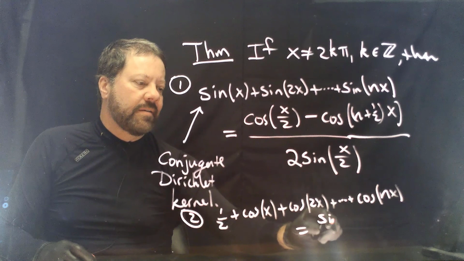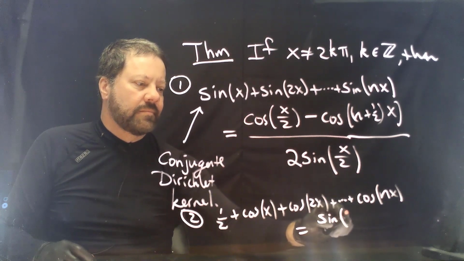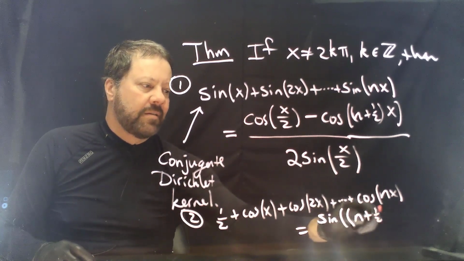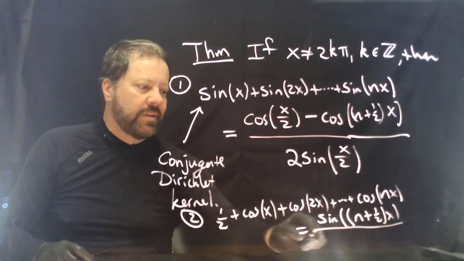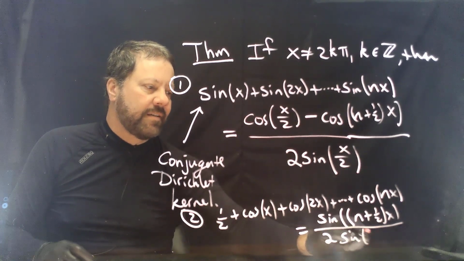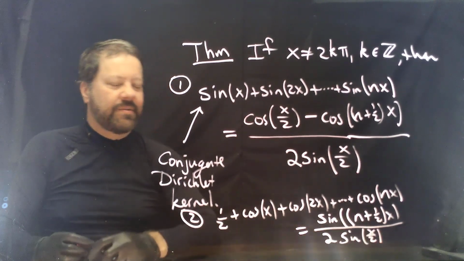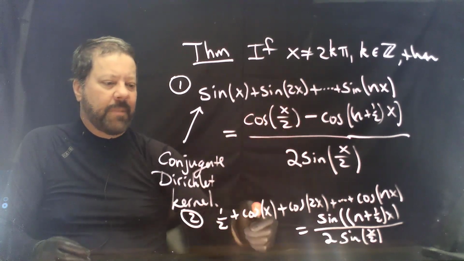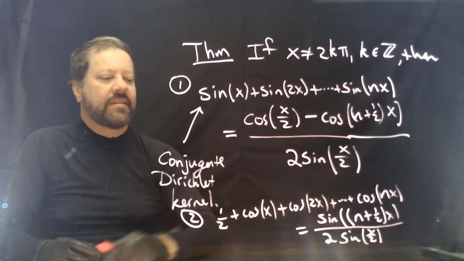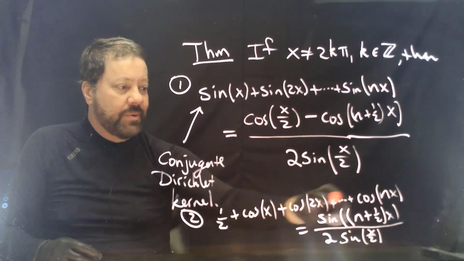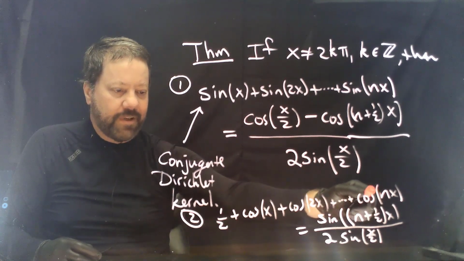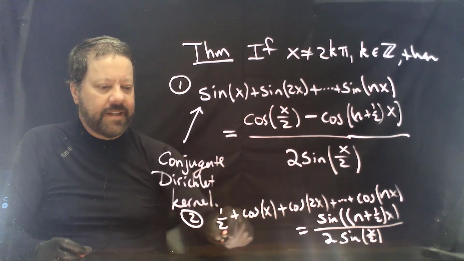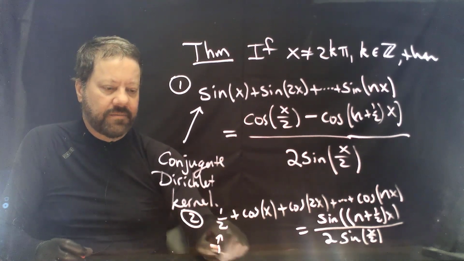In this case, you get the sine of n plus 1/2 x over twice the sine of x over 2. Note that if x is an even multiple of pi in this second case, these add up to n, because you get positive 1 on each of those, so you get n plus a half on the left-hand side. The left-hand side here is called the Dirichlet kernel.